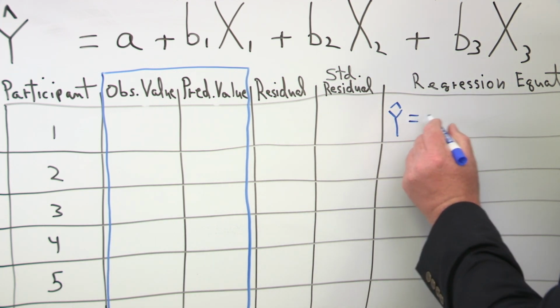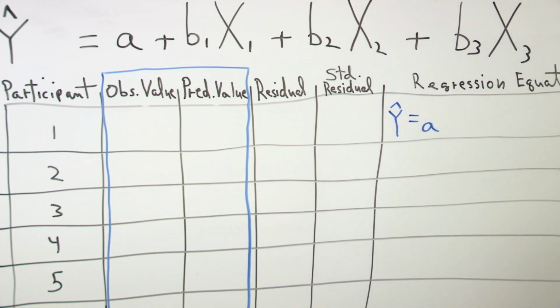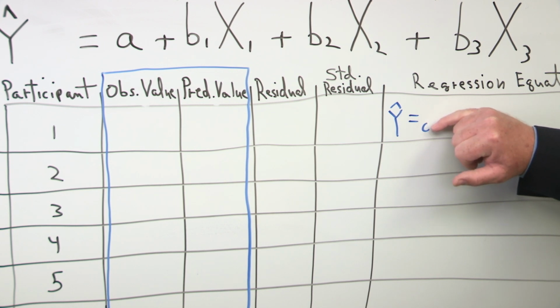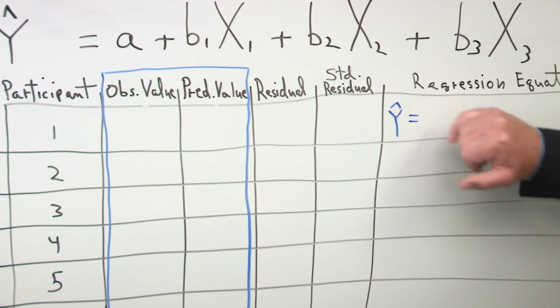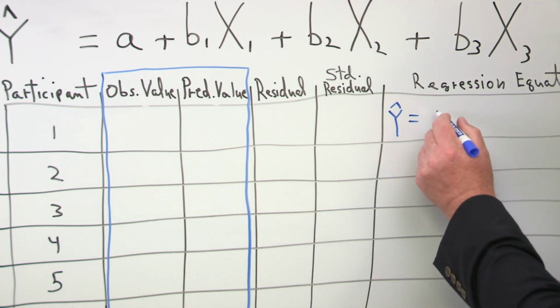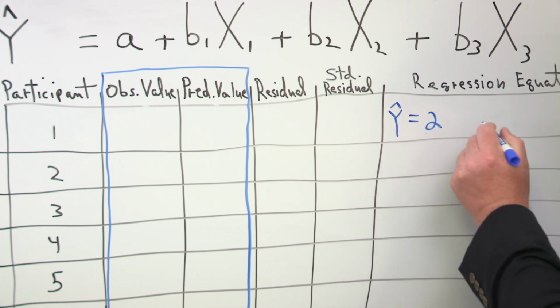And that equals A, which is our constant. Now let's start filling this in with actual values. Let's say A is 2, so 2 is our constant.